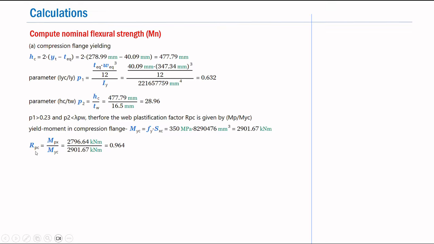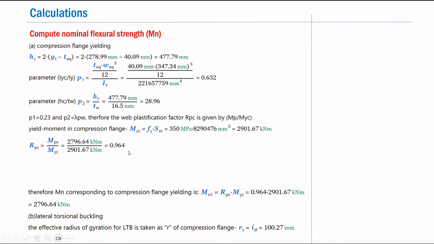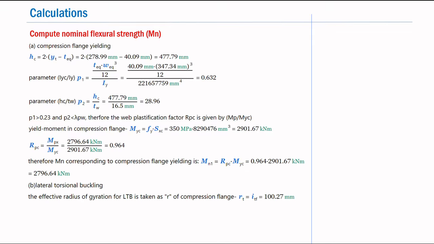And accordingly, we have Rpc, that is the web plastification factor, as Mpx by Myc, and that works out to be 0.964. Therefore, we find that the nominal flexural strength Mn of the section from the consideration of the compression flange yielding is Mn1, that is equal to 0.964 multiplied by 2901, and that is equal to 2800 kilonewton meter.